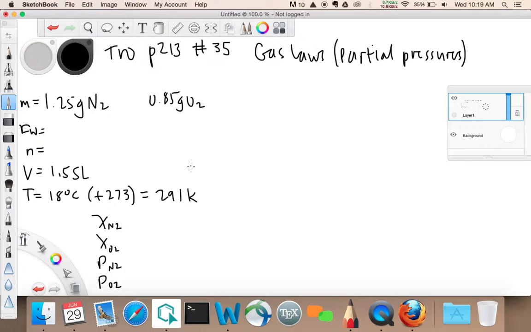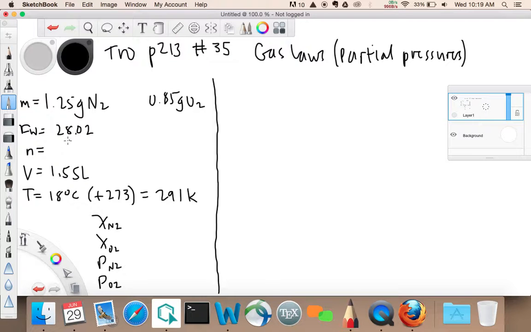All right, so we're going to do this a couple different ways. I might need 2 pages for this, but for now, let's go here. So what's the formula weight of N2? Nitrogen is 14.01, so N2 is going to be 28.02, and that's in grams per mole. I'm going to keep things clean here.